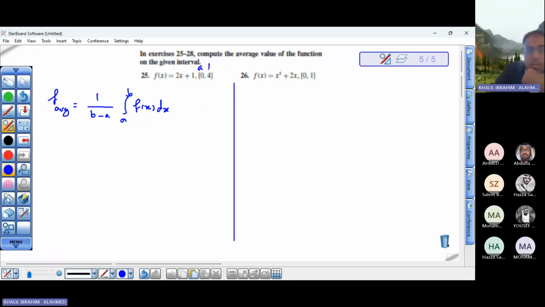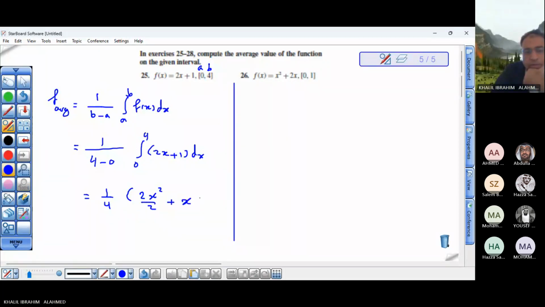This is a, this is b. This equals 1 over 4 minus 0, integral from 0 to 4 of 2x plus 1 dx. Everything is ready. This equals 1 over 4, integral of 2x squared over 2 plus x, from 0 to 4.